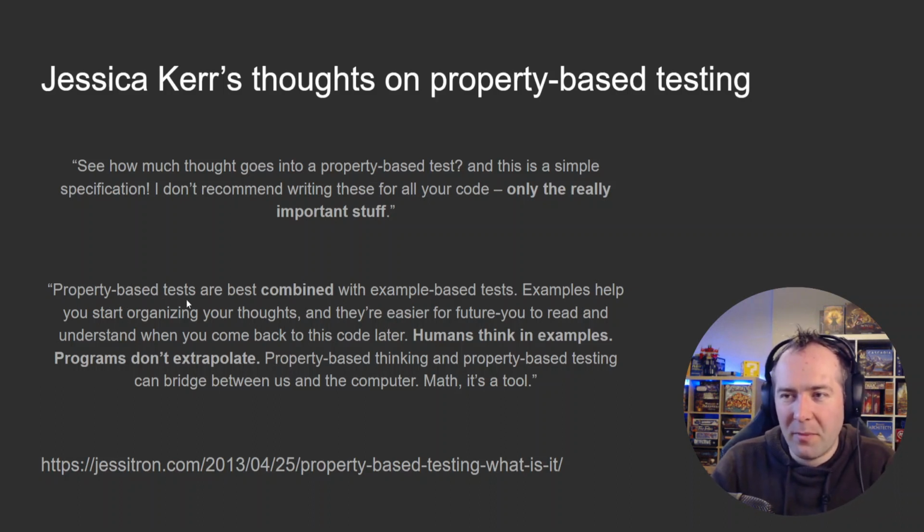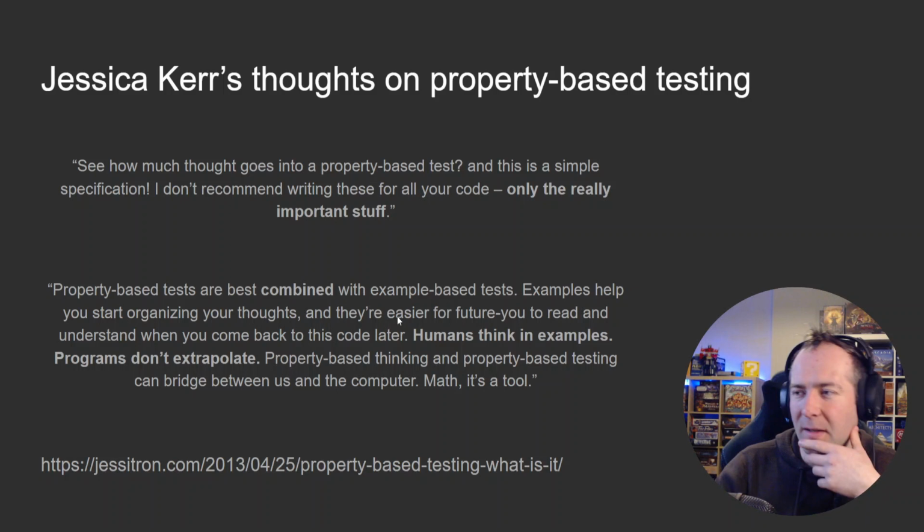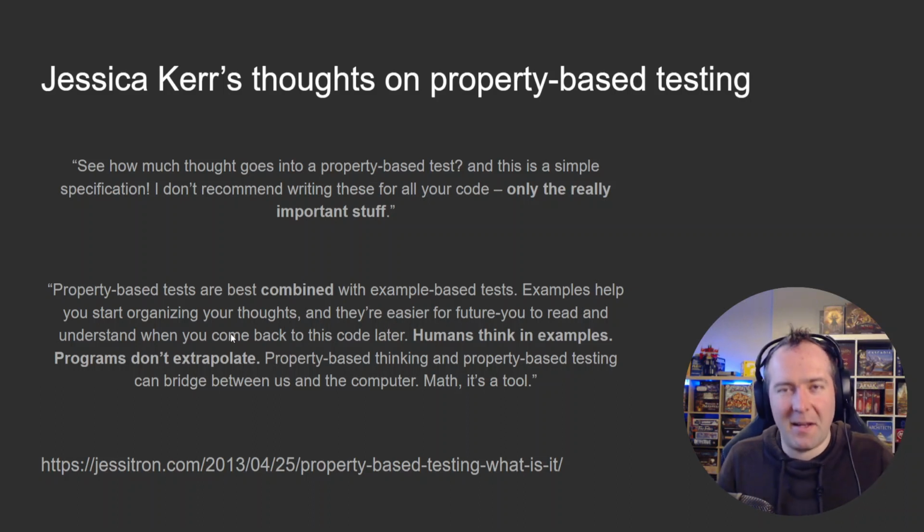Second quote, property-based tests are best combined with example-based tests. So the example-based tests are unit tests. So it's not an or kind of thing, it's an and thing. Examples help you start organizing your thoughts, and they're easier for future you to read and understand when you come back to this code later. Humans think in examples. So humans are helped a lot by unit tests. But programs, they have raw computing power.